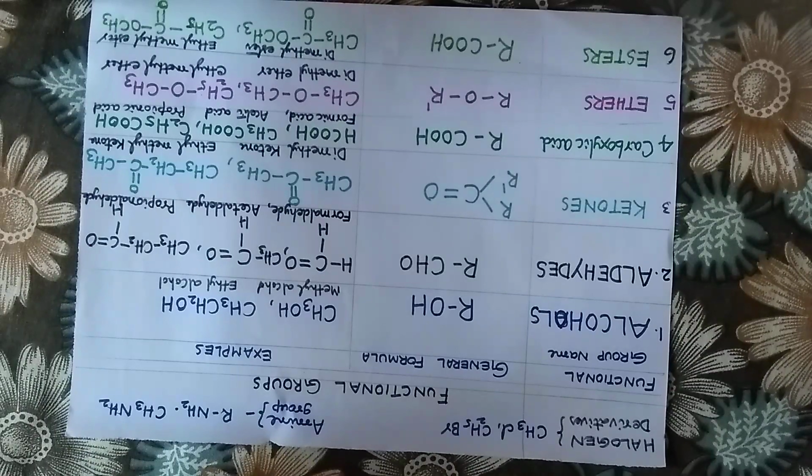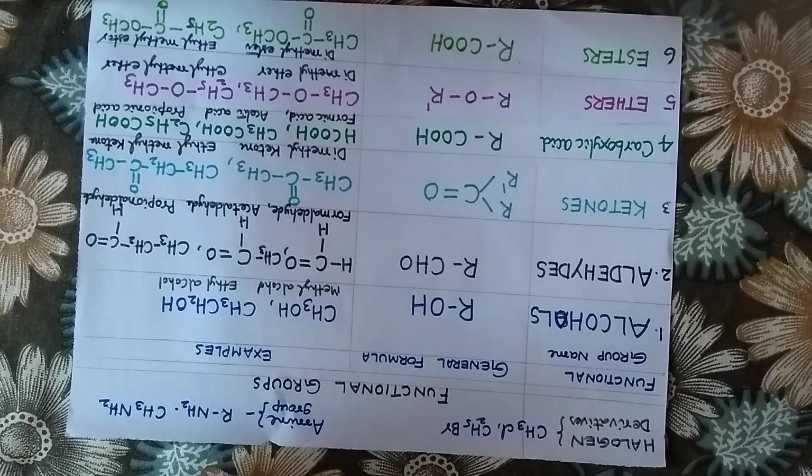C double bond O. On that carbon, one is R and another one is R dash. This R and R dash are alkyl groups. So on one side it is CH3, on the other side another CH3. How many CH3s are there? 2 CH3s. What is CH3? Methyl. 2 means dimethyl ketone. In the second example, ethyl methyl ketone.